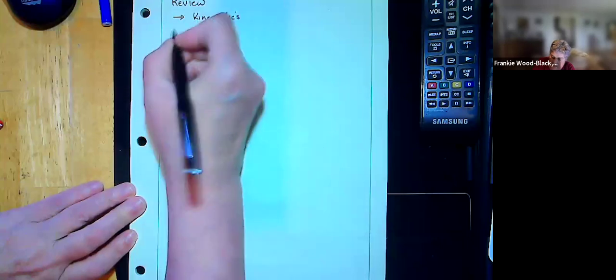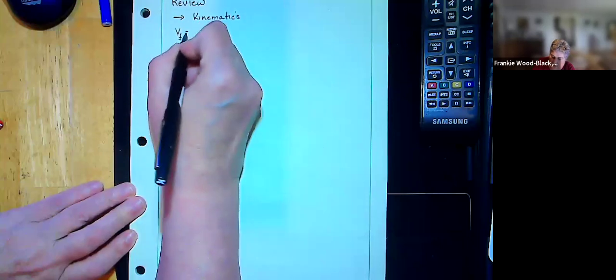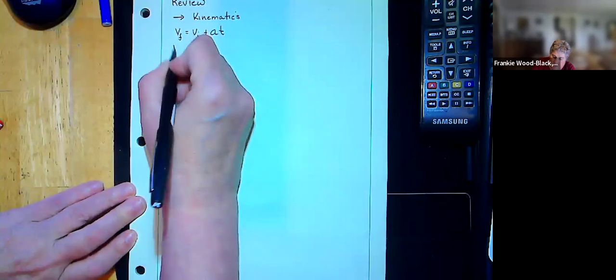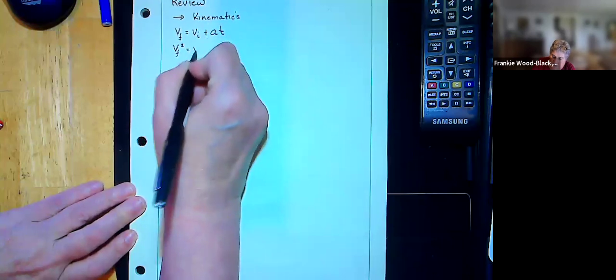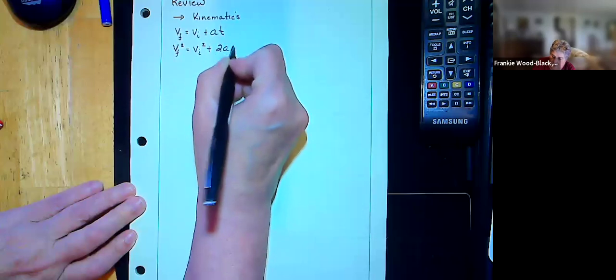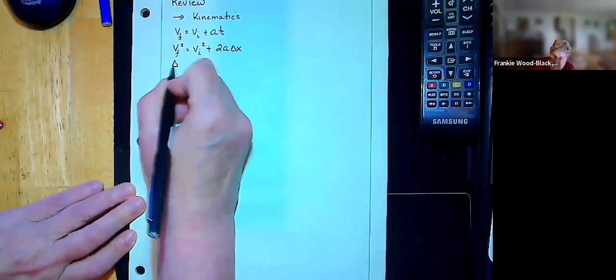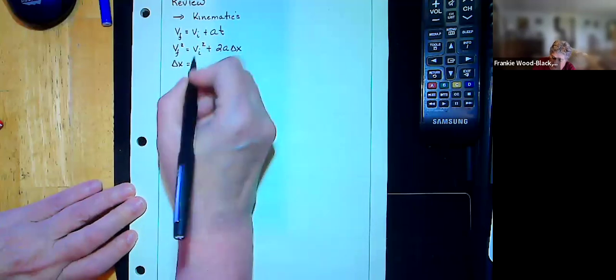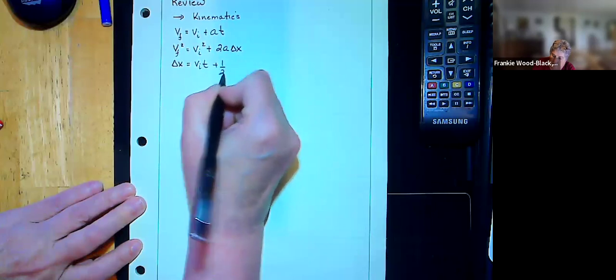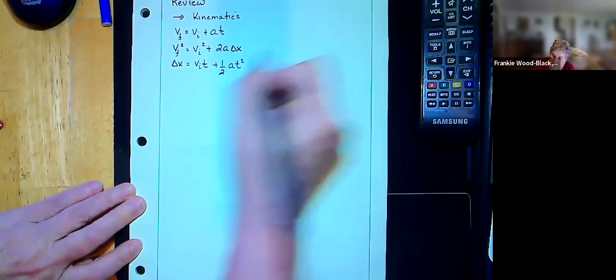And our kinematics gave us V final is equal to V initial plus acceleration times time. We got V final squared is equal to V initial squared plus 2 times my acceleration times my change in position. Then we had our change in position was equal to our initial velocity times time plus 1/2 our acceleration times time squared.